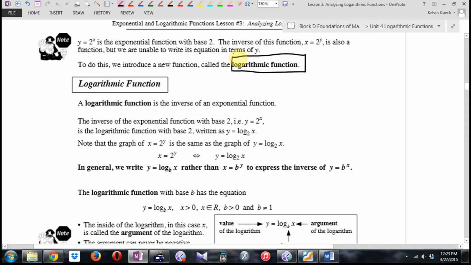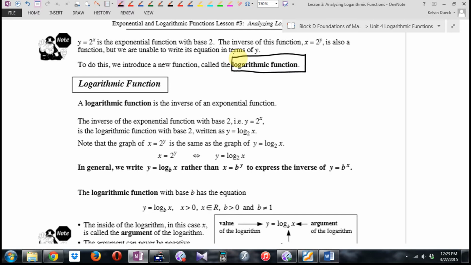It's defined as the inverse of an exponential function. The notation is going to look a little weird at first. Don't freak out. This is one of the few times I'm going to say, memorize what the numbers mean.